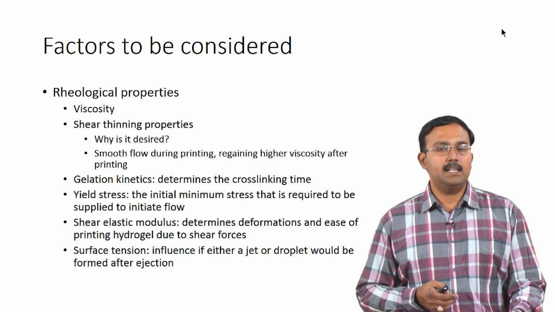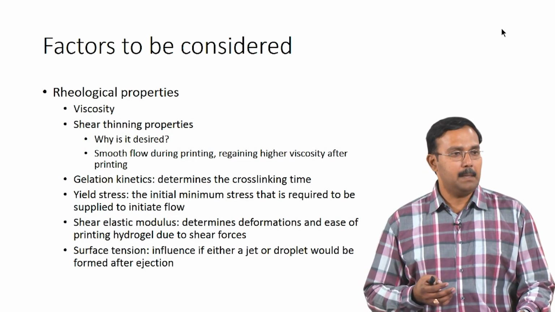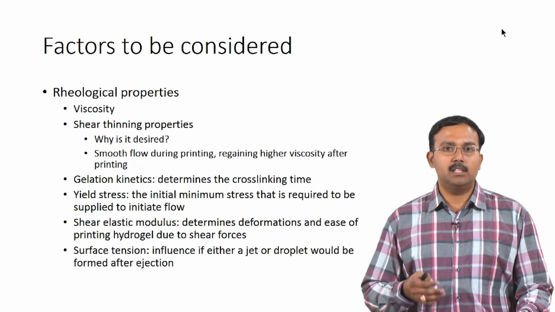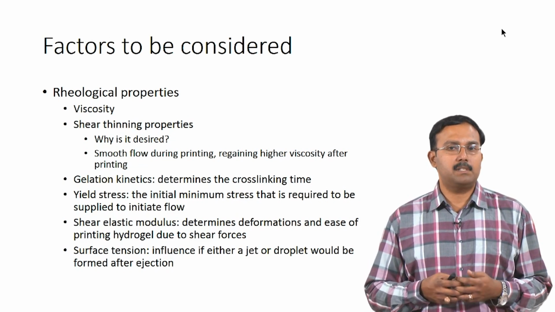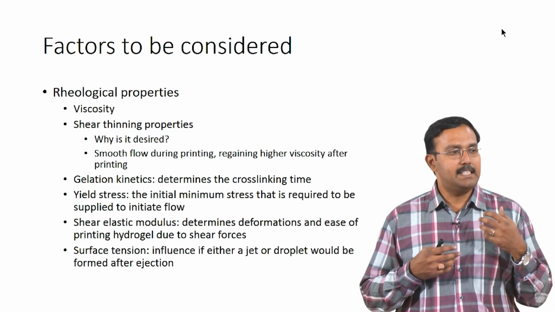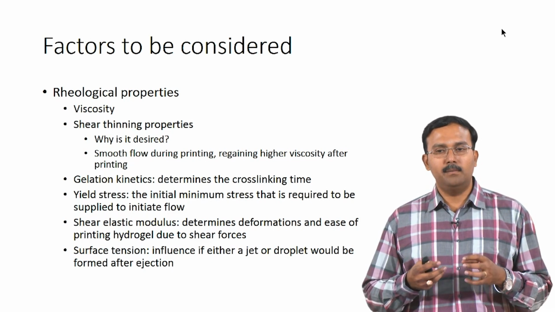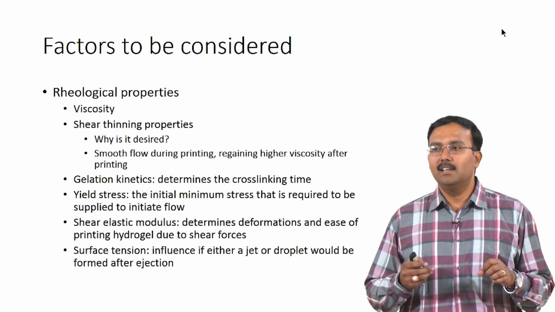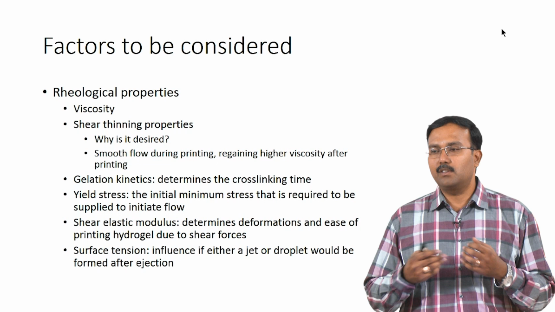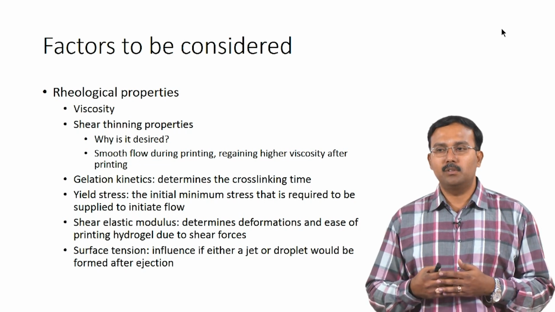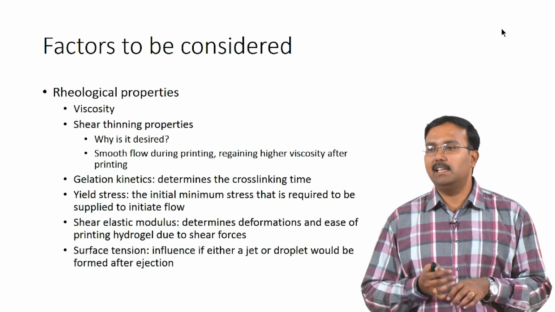Gelation kinetics determines the time of crosslinking. That is a rheological property that has to be studied. Yield stress is the initial minimum stress that is required for initiating flow. You might have a highly viscous fluid, and some amount of stress is needed for it to flow, right? Viscosity is nothing but resistance to flow, so to overcome that resistance you need something called yield stress.